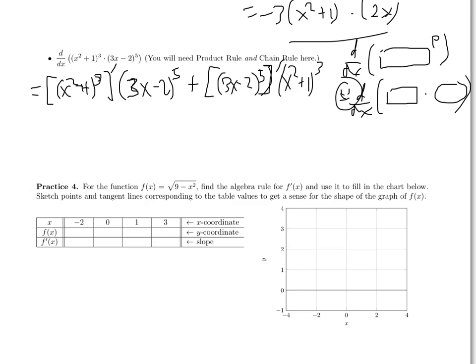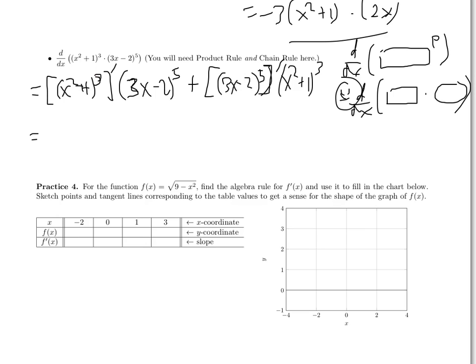Now, to evaluate these two derivatives, I have a derivative here and a derivative here that need to be evaluated. Both of those look just like this. So each of these separately look like this, and so the chain rule will be the appropriate rule to use for finding that derivative and that derivative. So I'll go ahead and do that.